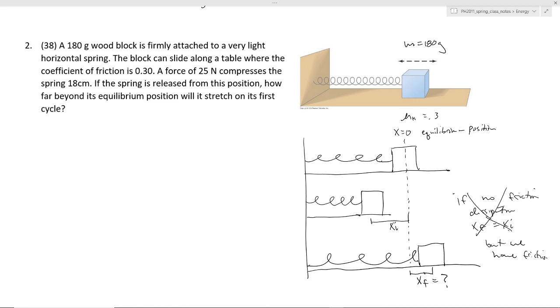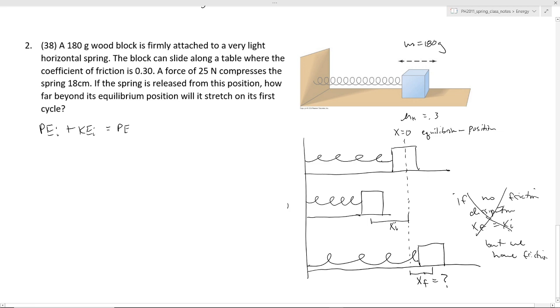Okay, so let's set it up. The potential energy initial plus the kinetic energy initial is going to have to equal the potential energy. Actually, let me label these again.